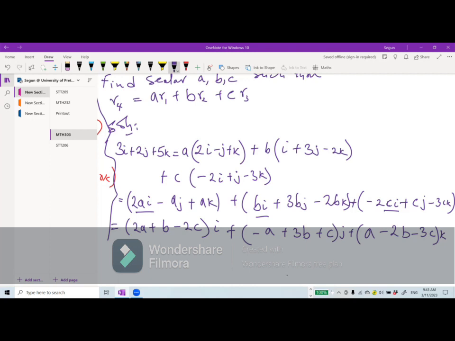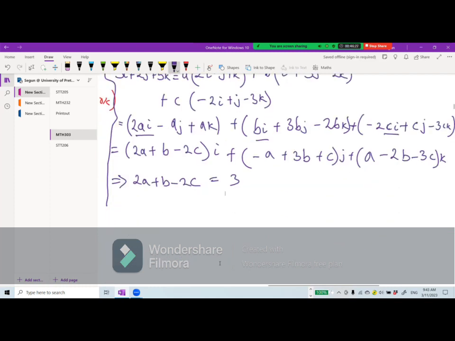So it is now obvious that we can now match our R4 into each of the components. So we are going to have 2a plus b minus 2c equals 3, equation 1. I'm equating into the component of this particular one.